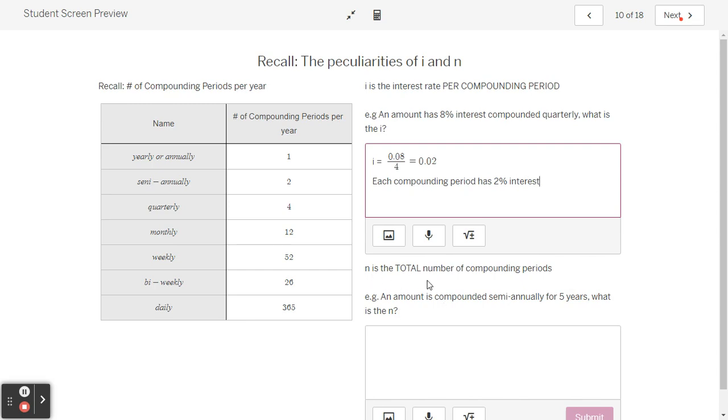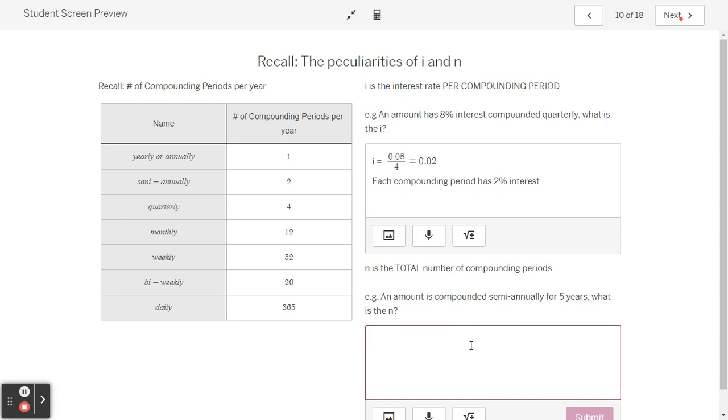The letter n represents the total number of compounding periods. Now, when we talk about compounding periods, we're interested in finding out how many times we're getting interest in the agreement that we have. So, as an example, an amount is compounded semi-annually for 5 years.